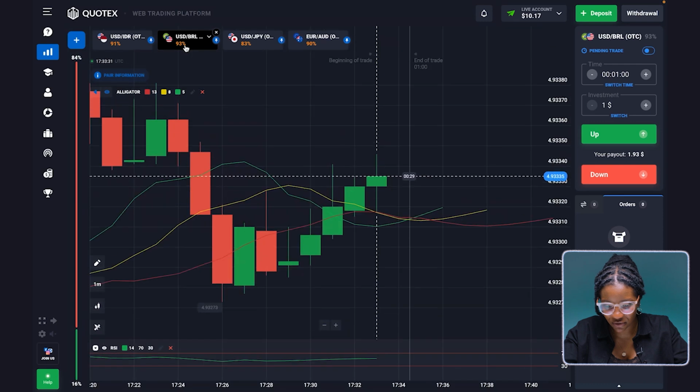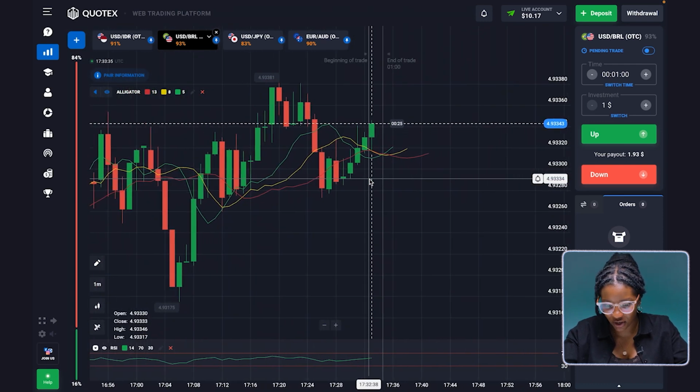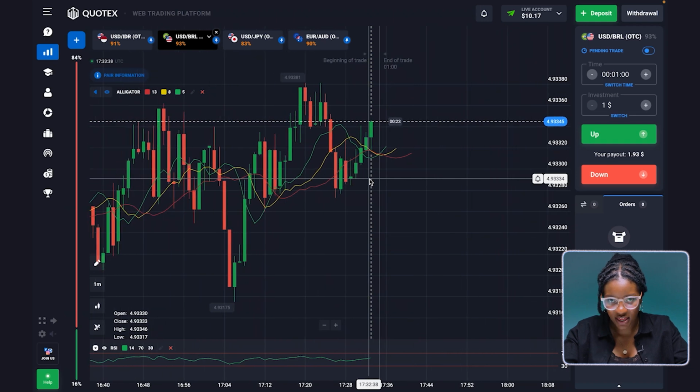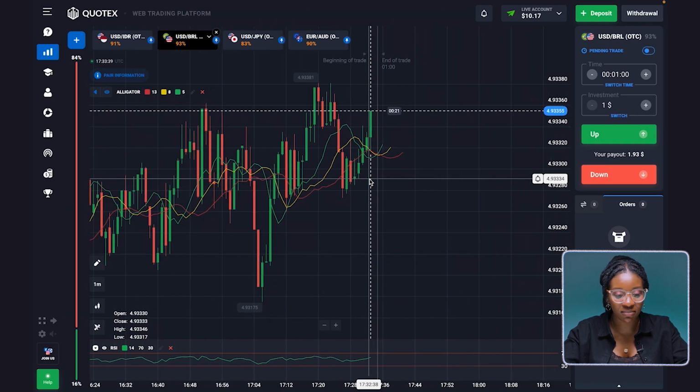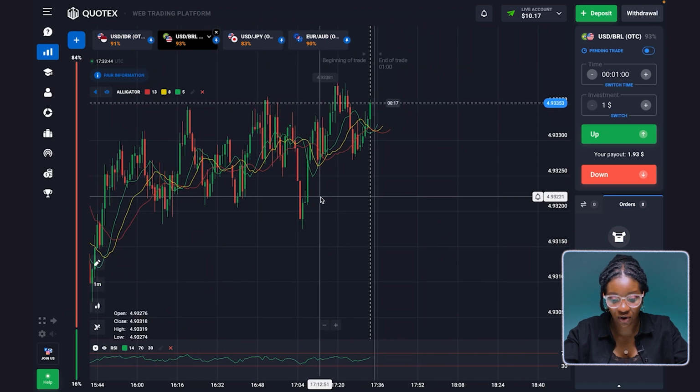And while I'm searching for more entry points, let me tell you about binary options. They are short-term limited risk contracts. So on Cortex, you can trade binary options with different strike prices based on the possible probability of the outcome.